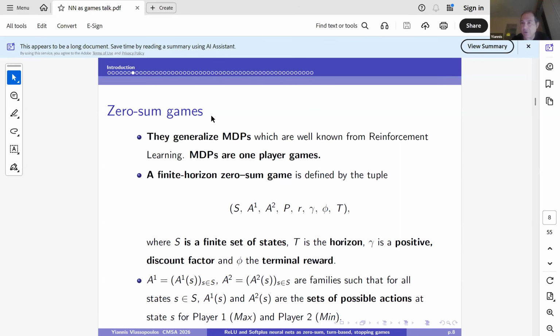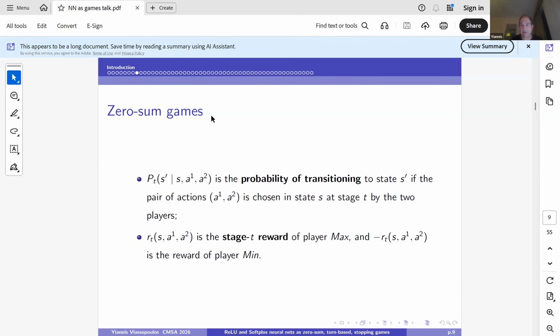Now, in our game, it's going to be very simple because it's a stopping game. The only choice the player will have is either to continue or stop the game. So I'm giving you a preview of what's going to happen. Basically, when you do this game theory, you consider game trajectories.